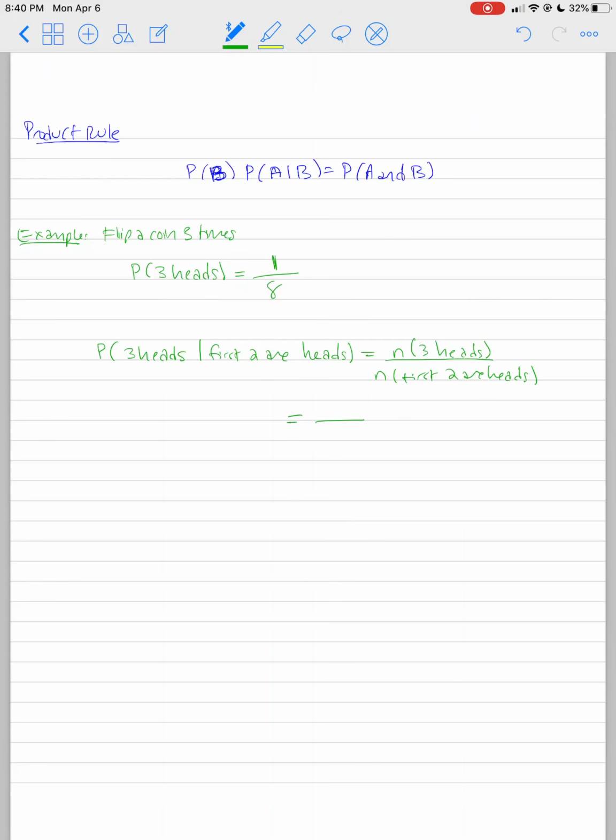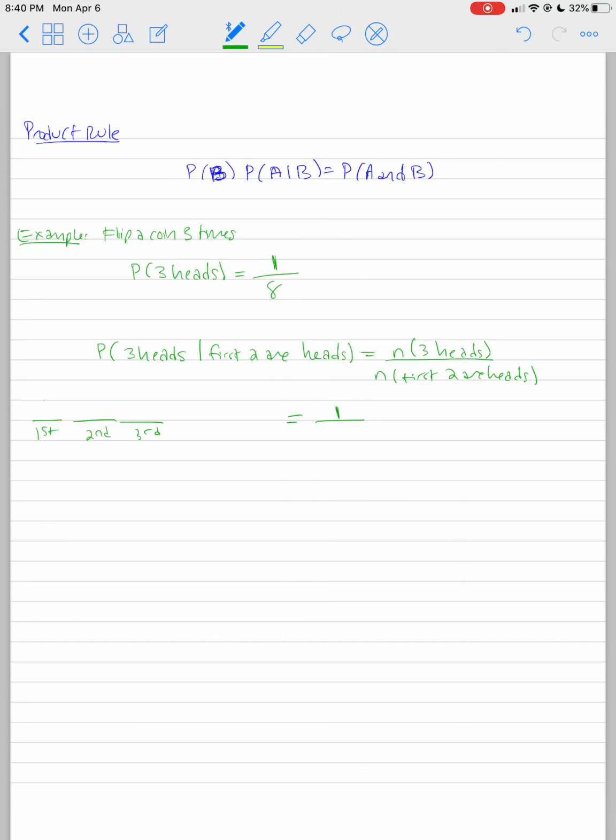So numerator, how many ways are there to get 3 heads? Exactly 1. We already counted that. Now here's the tricky part. How many ways are there to get the first 2 are heads? Remember though, my experiment is to flip a coin 3 times. You still have to flip it 3 times.